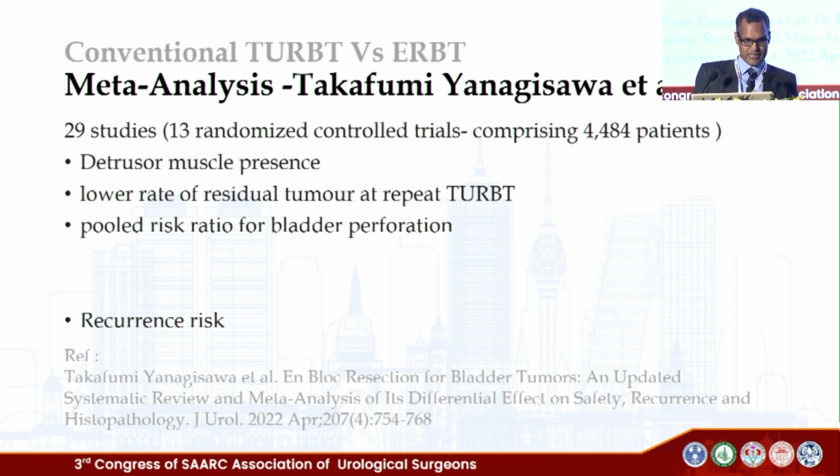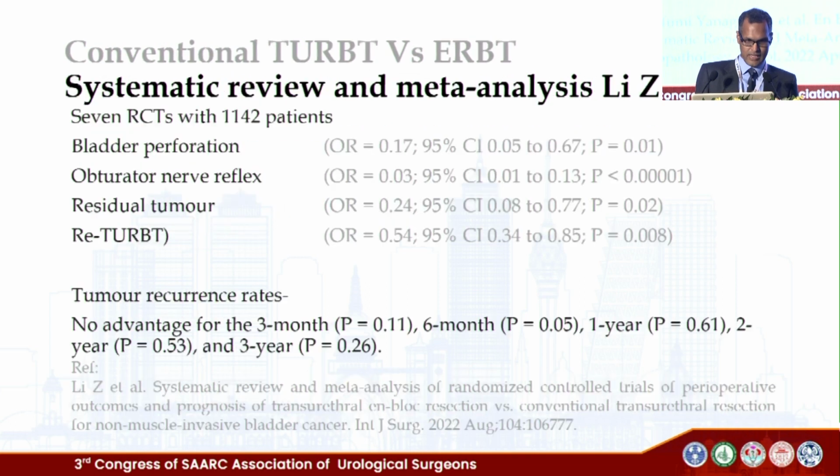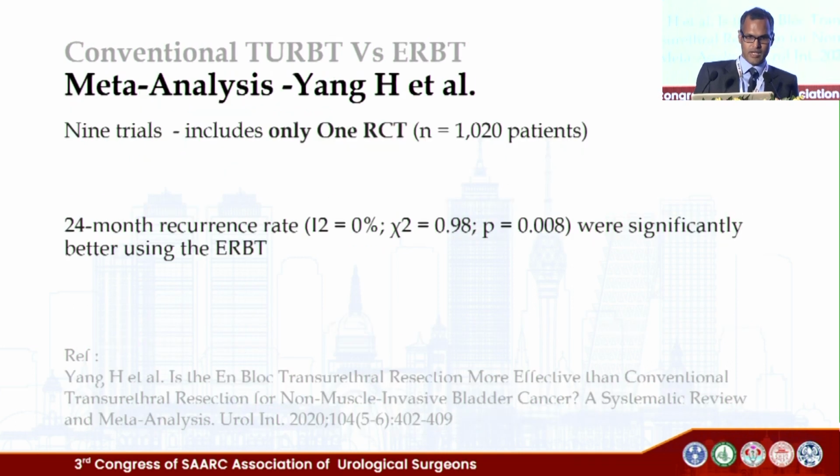When you consider the recurrence risk, the meta-analysis reveals there is no statistical difference. There is another systematic review that includes 7 randomized controlled trials, again conveying the message that complications, residual tumor, and repeat TURBT rates favor ERBT, but considering the recurrence rate, there is no statistical difference.